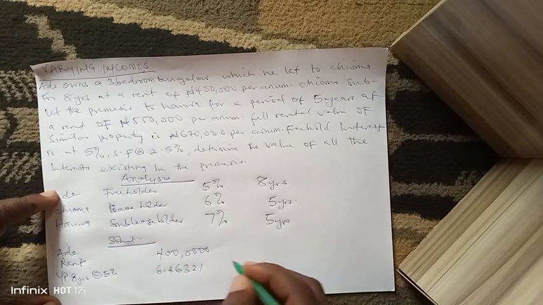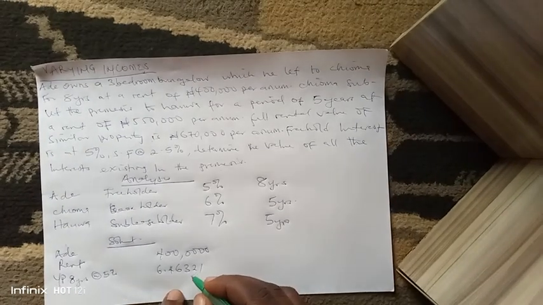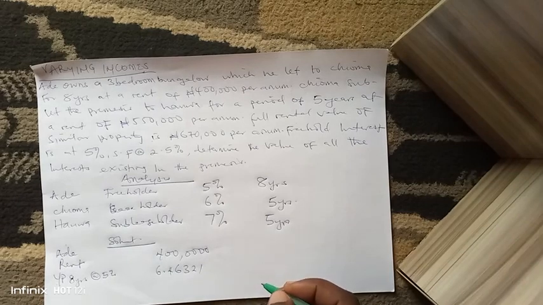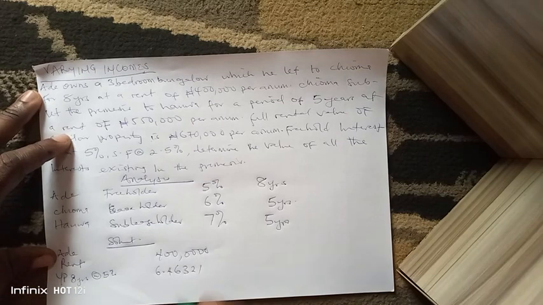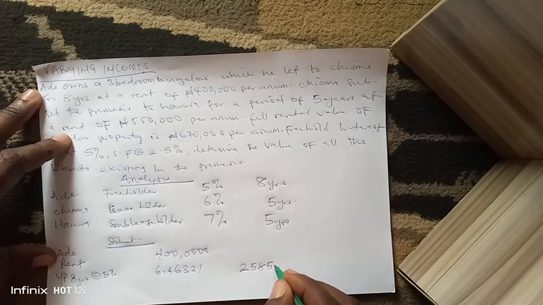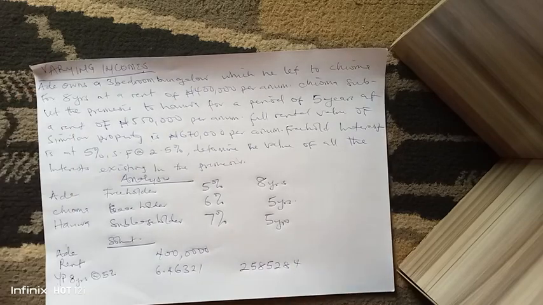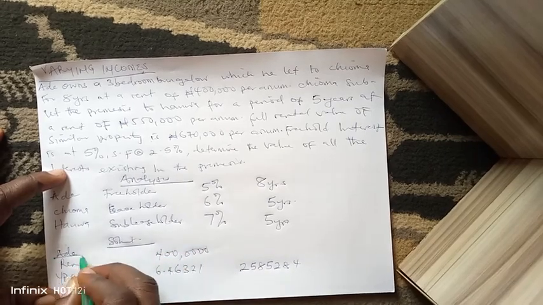Now multiply the two of them: 400,000 times 6.46321, you have 2,585,284. Don't forget, this is our term.